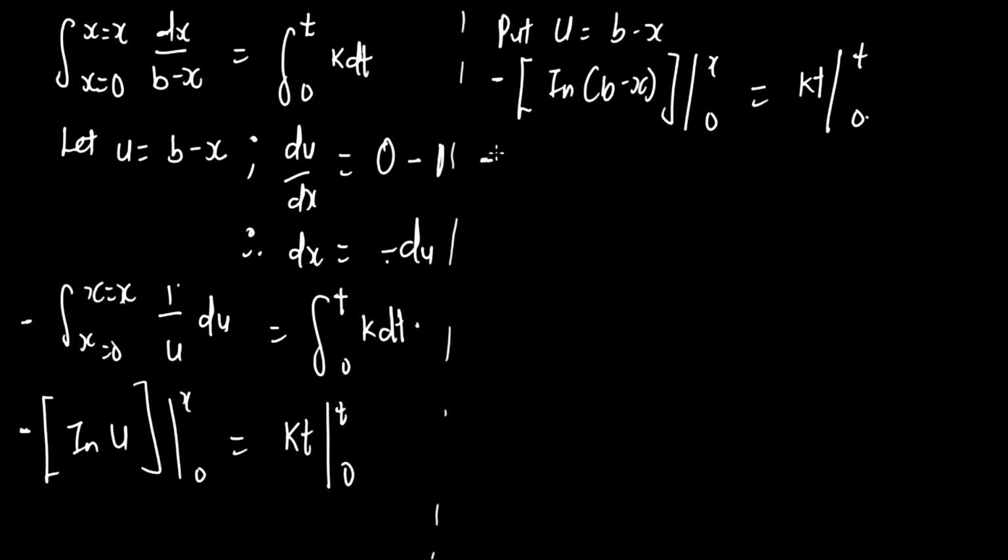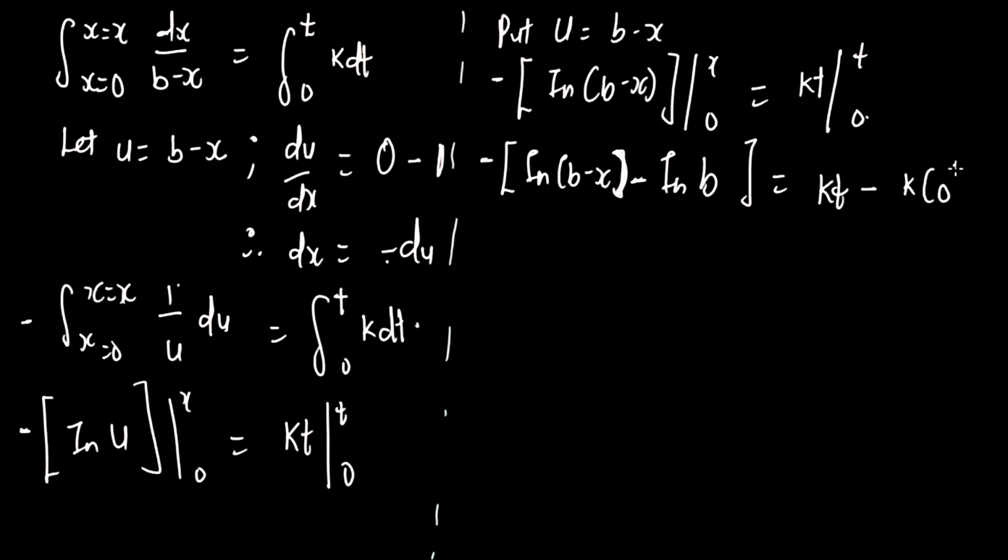So we can say that ln(b minus x) minus ln b equals, so when t is 0, everything becomes 0. So we have kt minus k0.